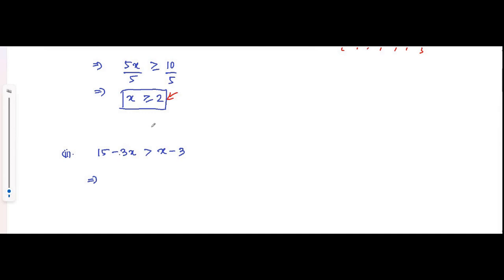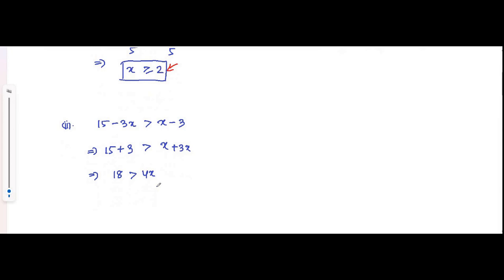We'll take this minus 3x to the RHS side, it will become plus. So 15 plus 3 is greater than x plus 3x. That implies 18 is greater than 4x, or we can write it as, that implies 4x is lesser than 18.